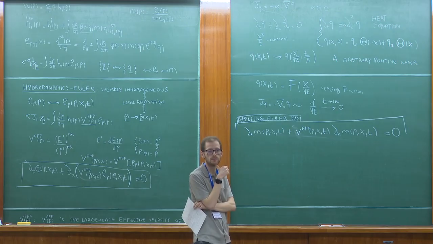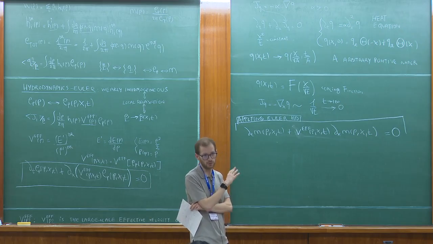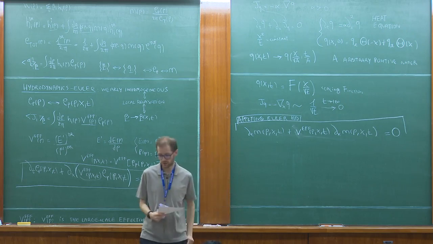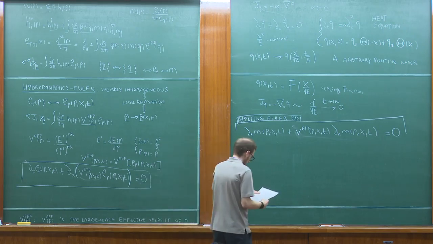And how to use the thermodynamic Bethe ansatz here? This is what we do now. How to instead solve it properly with the Bethe ansatz, with this GHD expression. Exactly.